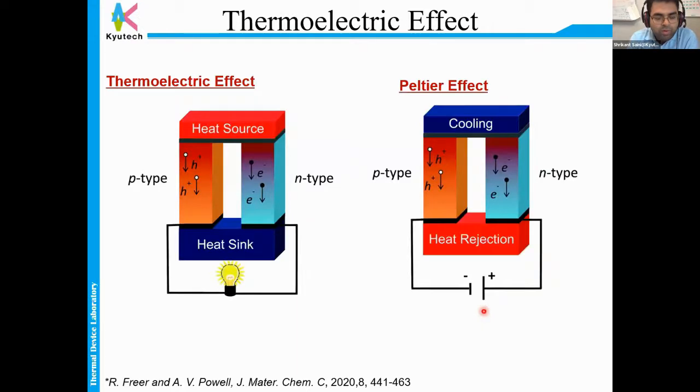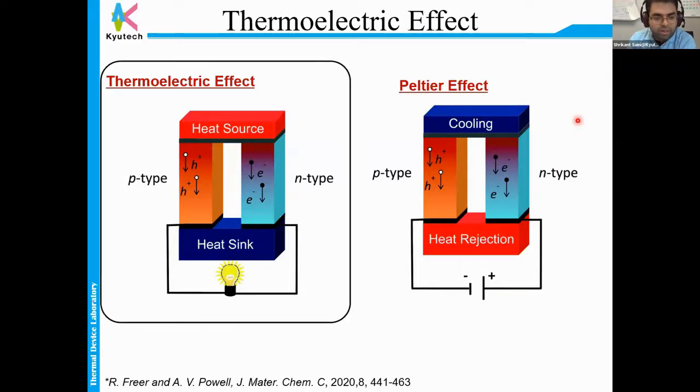So what we can finally make using these effects is, first, energy harvesting using the thermoelectric or Seebeck effect. On the other side, we can make a cooler as well, which uses the Peltier effect. In the cooler case, there are many advantages. Today I will be talking mainly about the energy harvesting approach, but the approaches for controlling the parameters can be used for the Peltier effect as well. Peltier cooling is mainly used at the moment.